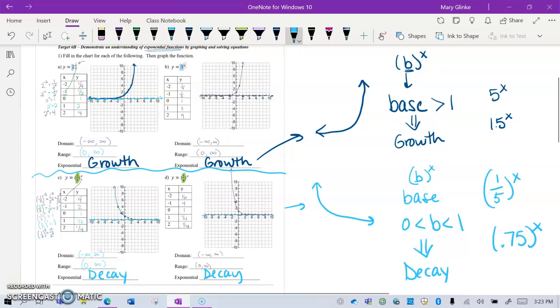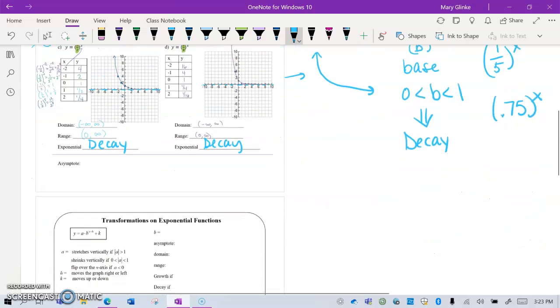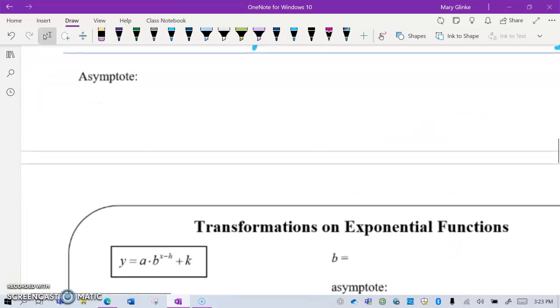One thing you'll notice is that all 4 of these graphs have a dotted line going across the side. That is something called an asymptote. Now this word looks a little weird, but it's called an asymptote. An asymptote is going to be on a graph. It looks like a dotted line horizontally.